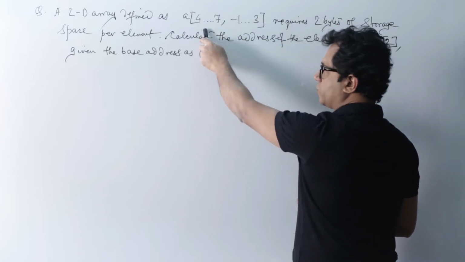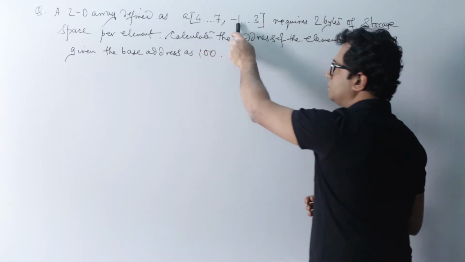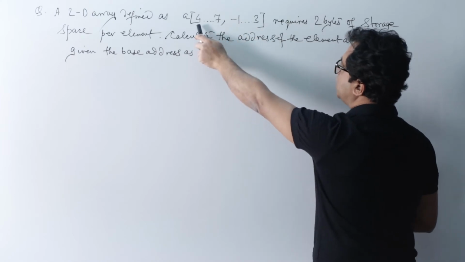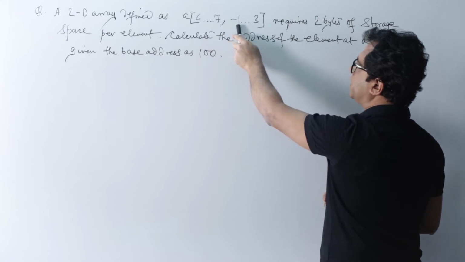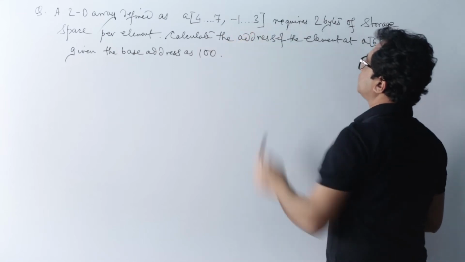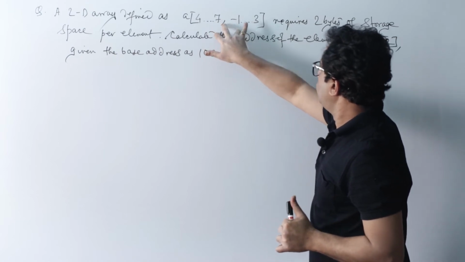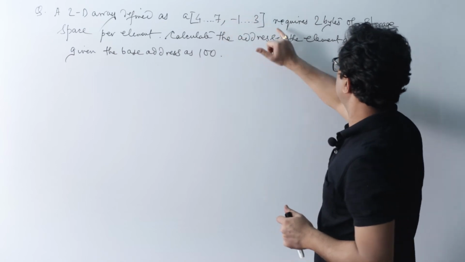The row index starts from 4 and ends at 7. The column index starts from -1 and ends at 3. So this is the definition of the array. The lower bound and upper bound are all given in this representation.